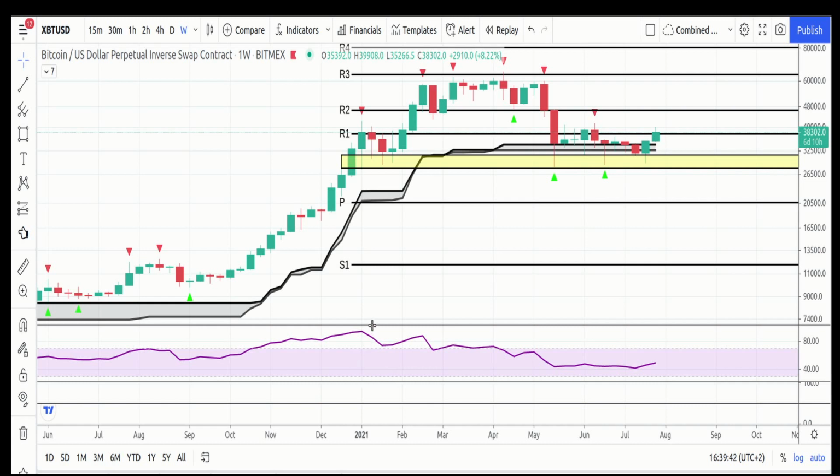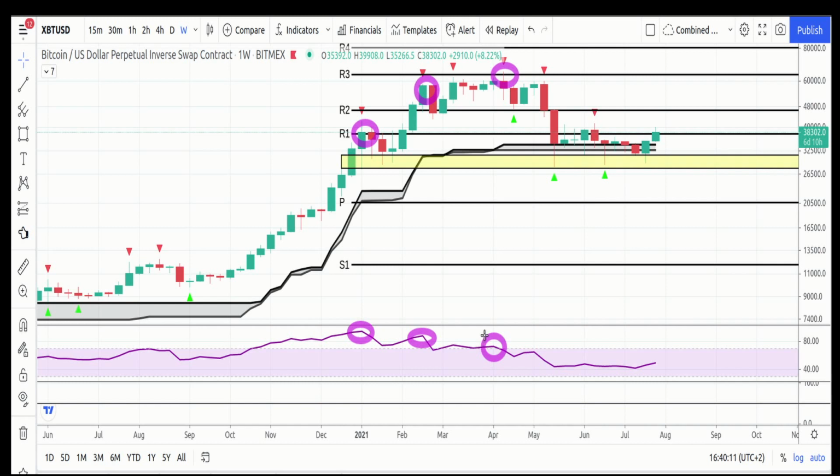Have a look at this. So we have here price making a high, and then another high on the chart, a higher high, but on the RSI it's making a lower high, and then price even making another higher high, and on the RSI weekly chart it is making an even lower high.